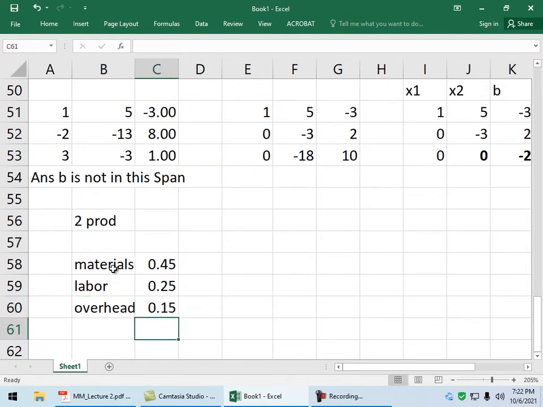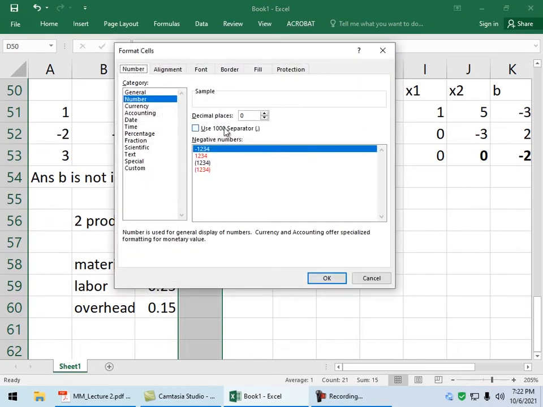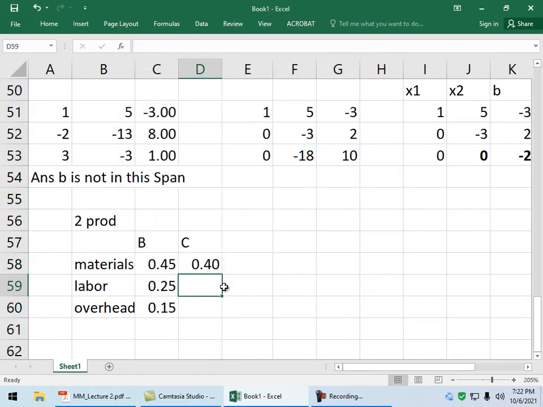And this is product B. Okay, product C, the spending correspondingly, same amounts: 0.4, 0.3, and 0.15.